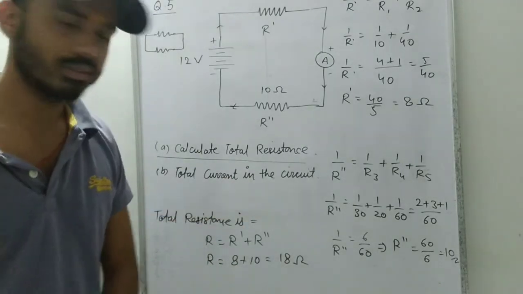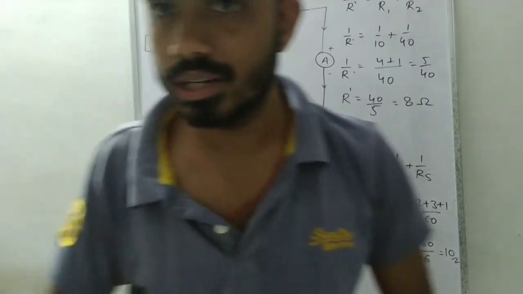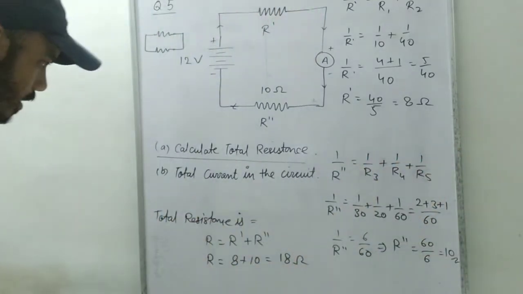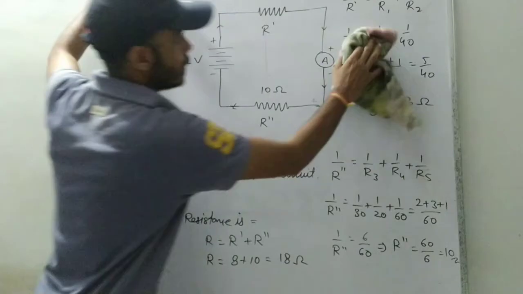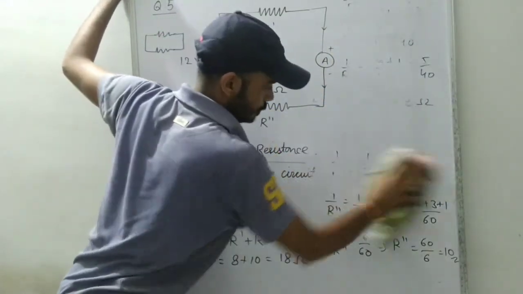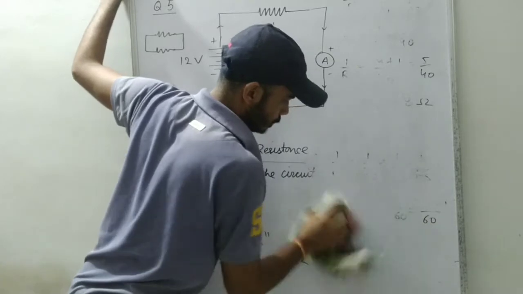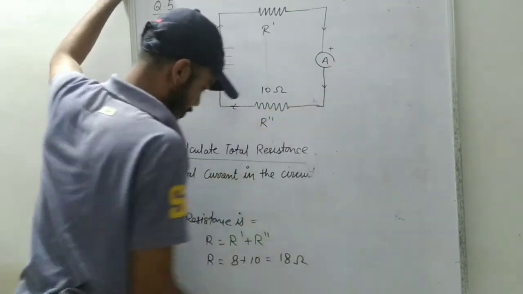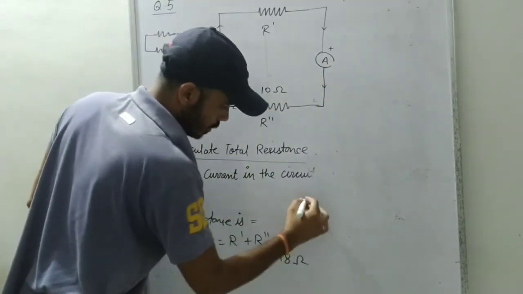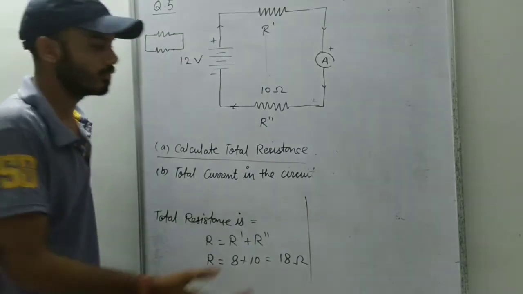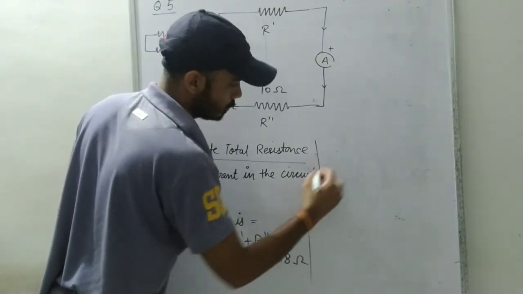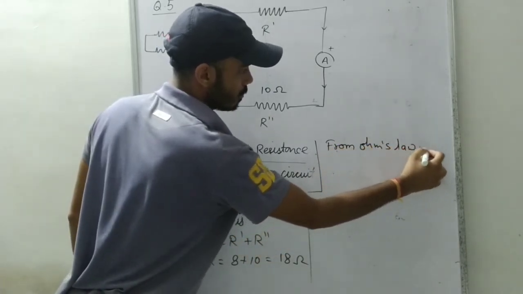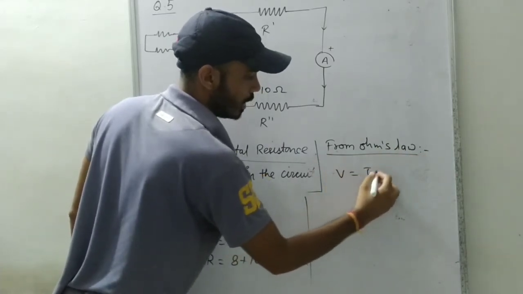Okay, and total current in the circuit. From Ohm's law we know that V is equal to IR, and here we have the values of V and R, so easily we can calculate the value of current. So from Ohm's law, V equals IR.